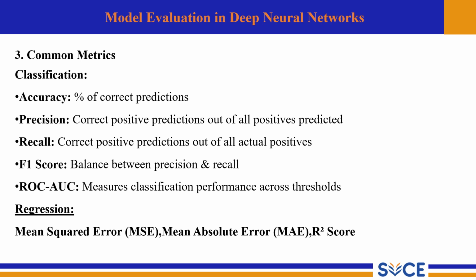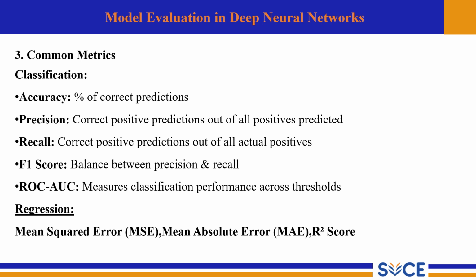The next one is the common metrics used in the evaluation process. The first one is for classification models, where the goal is to sort things into categories. We can use these classification metrics: accuracy, precision, recall, F1 score, or ROC AUC. Accuracy tells us the percentage of predictions that were correct, and precision shows how many of the predicted positives were actually correct.